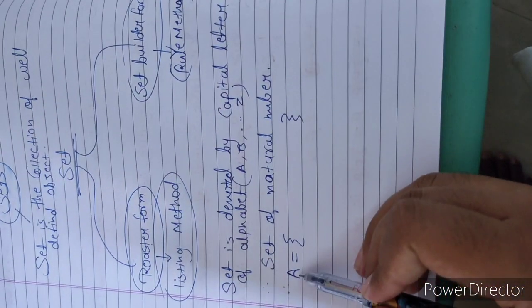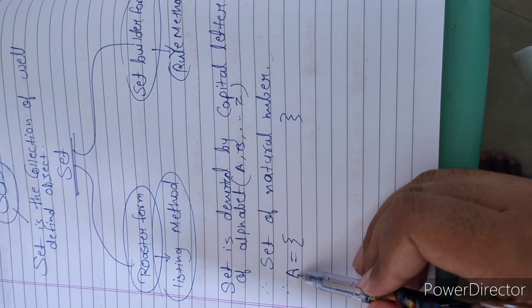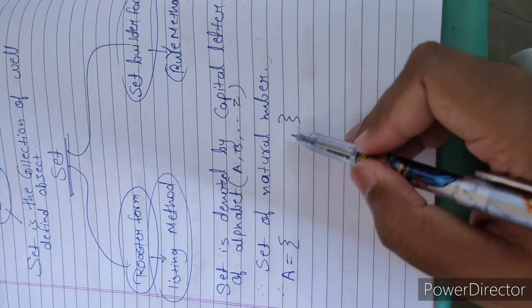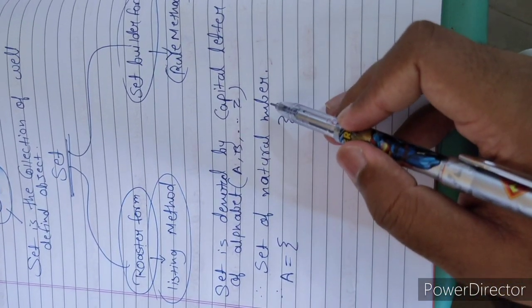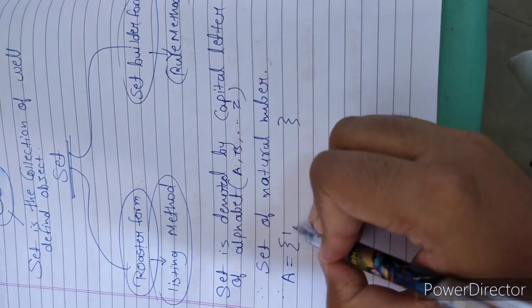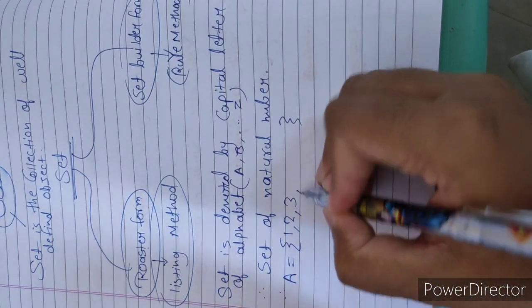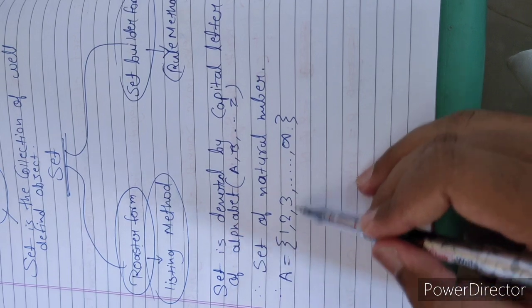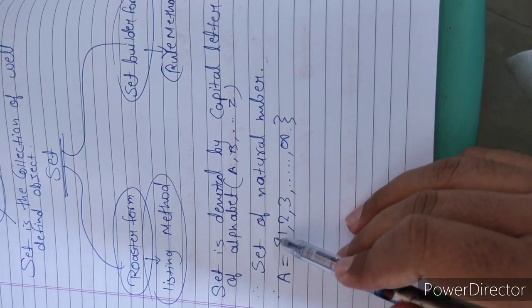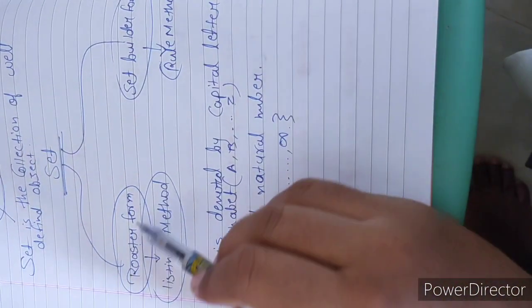So we consider a set A in which we place some elements. Natural numbers start from 1, so we write 1, 2, 3, dot dot dot, infinity. This is called the set represented in roster form.